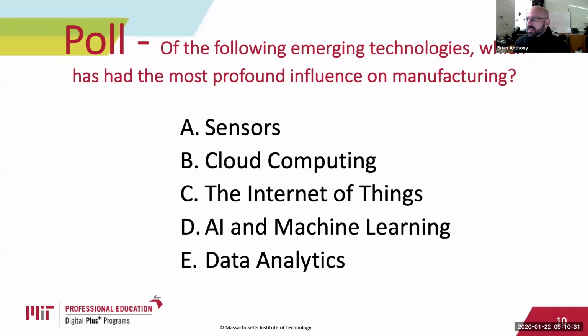What is your opinion of what has had the most profound influence on manufacturing? There's no right or wrong answer. I think the poll should have popped up by now. Participants, you can just click the radio buttons, and we'll give you maybe 45 seconds to a minute, and then we'll show the tally here.